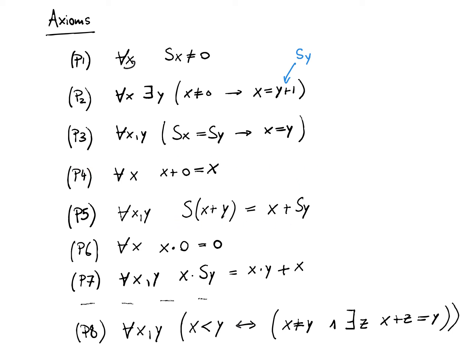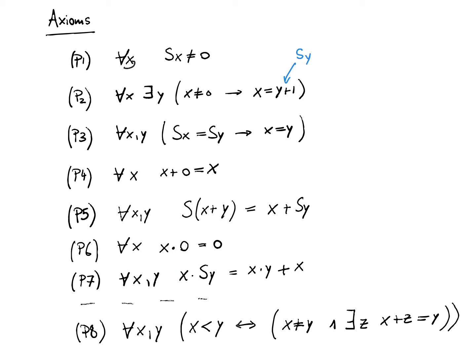And these two axioms tell us that addition has to be related to the successor function in this way. And similarly for multiplication, P6 and P7 essentially just tell us that multiplication is obtained recursively from addition.